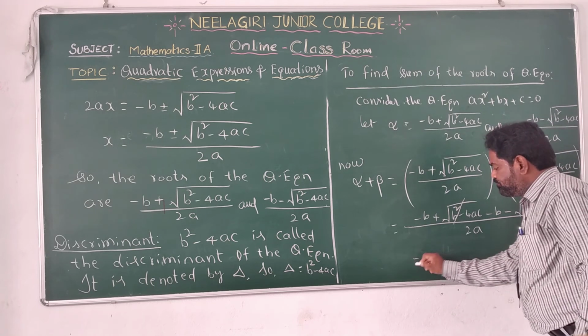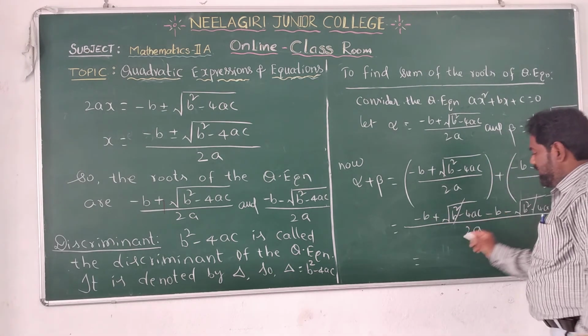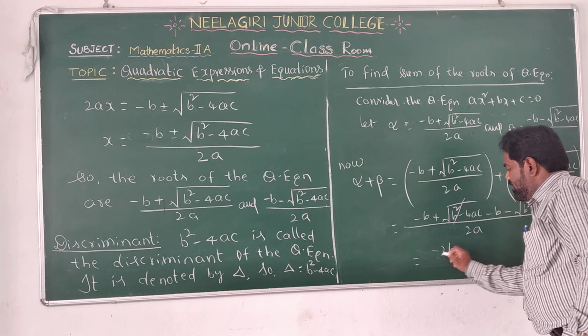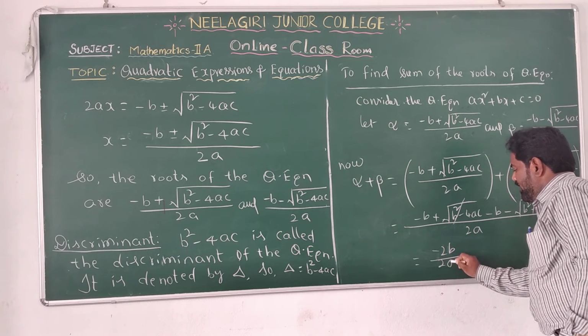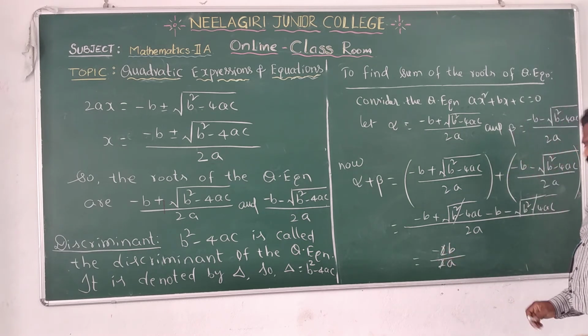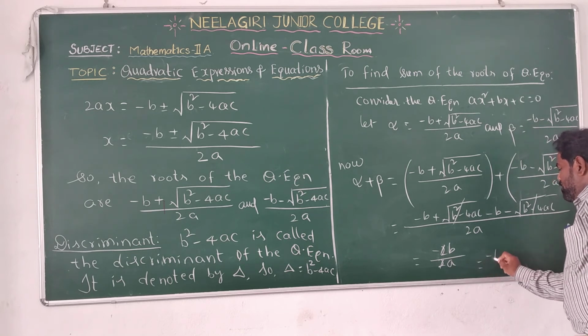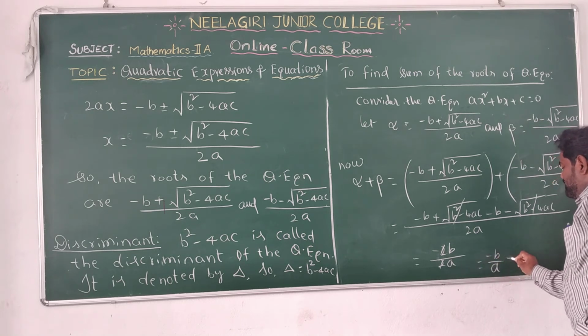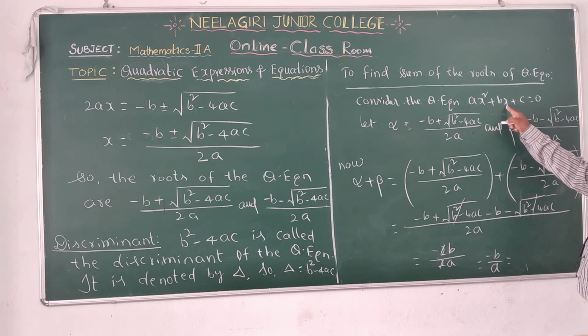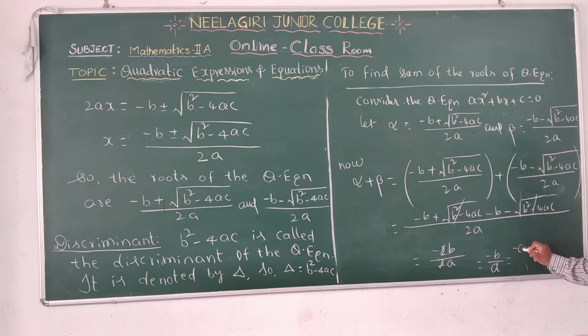What remains is minus 2b by 2a. The 2 cancels, giving minus b by a. Listen, one important thing: b is the coefficient of x and a is the coefficient of x square, so the sum of the roots is minus coefficient of x by coefficient of x square.